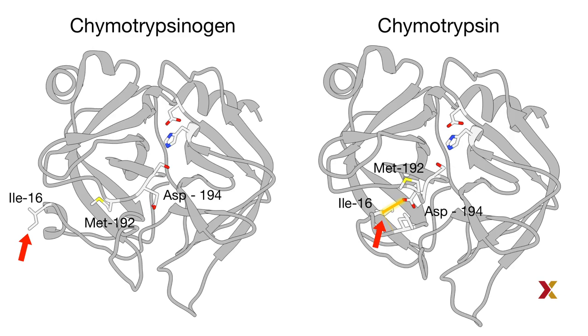Now the free amino group carried by isoleucine 16 can form an ionic bond with aspartate 194. This new electrostatic interaction triggers a series of conformational rearrangements, moving methionine 192 from a deeply buried pocket to the surface of the enzyme.